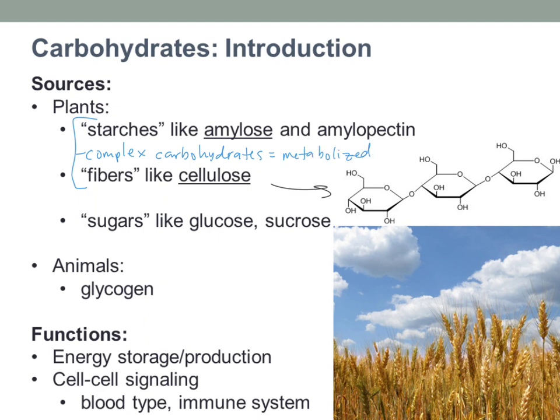I'll put metabolized slower, as compared to sugars, like glucose, sucrose, which would be simple carbohydrates, simple carbs. The idea is that those simple carbohydrates are metabolized much more quickly. So I'll put metabolized faster, which has a lot of health implications.